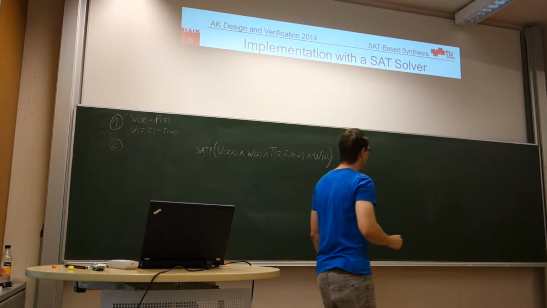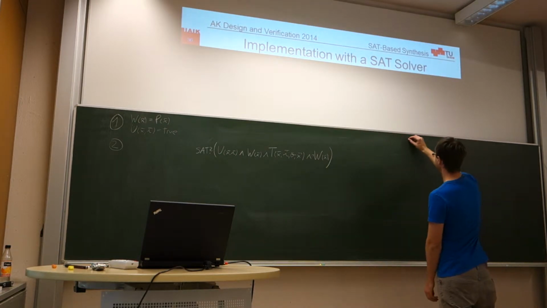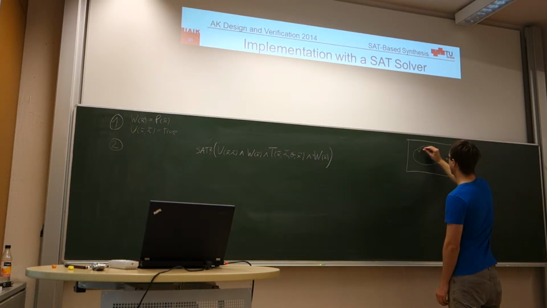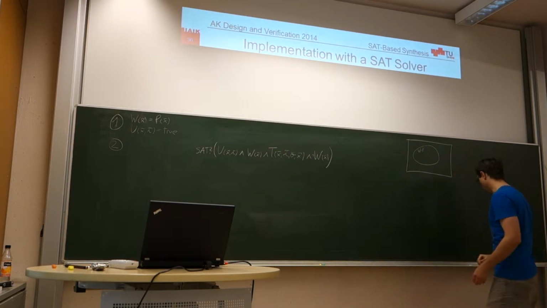So, let me illustrate this graphically. We have our state space again. We have our current version of the winning region, which is initially just a set of all safe states.